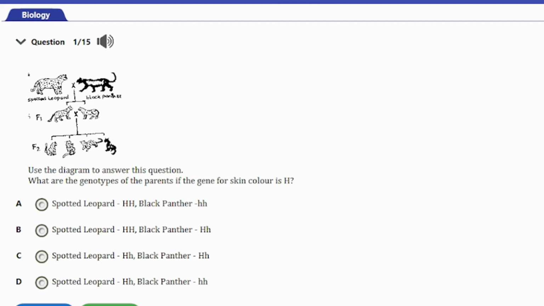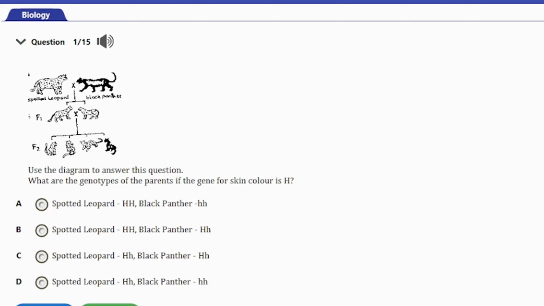If we observe the changes here, we are considering the phenotype and not the genotype. The skin color is about the phenotype.